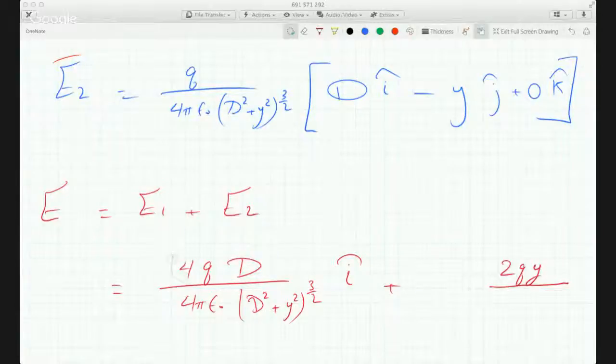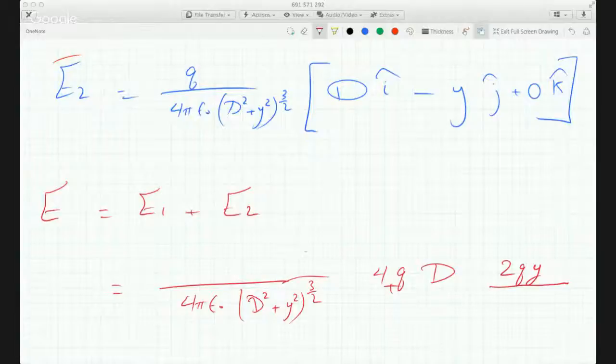So just move this here to the right, and move this here. Because I just want to factor these out, yeah? 4Q, I could also factor out the Q's, yeah?